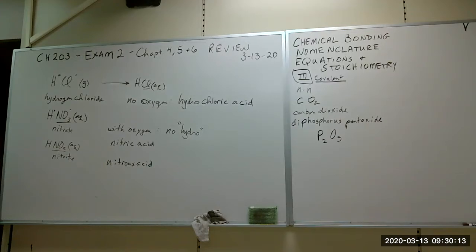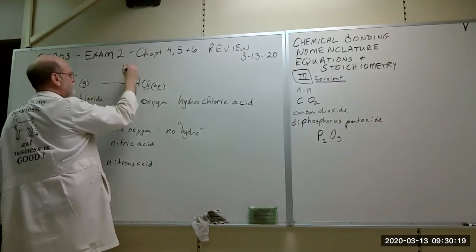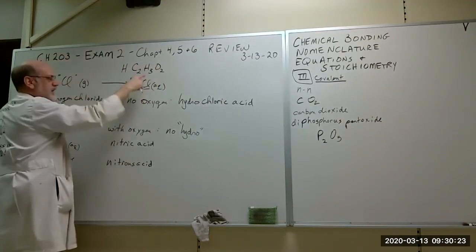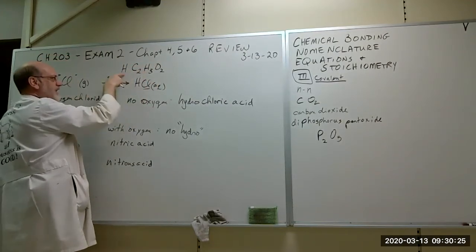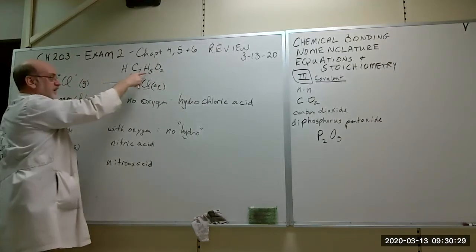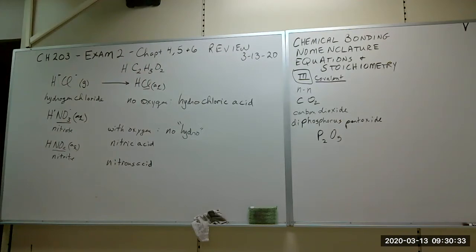There are examples where you have hydrogens in different parts of the molecule, right? Like acetic acid. Right? So you have these hydrogens here and that one there. This one comes apart. These guys are bound too tightly. They're part of the polyatomic acetate. Right?